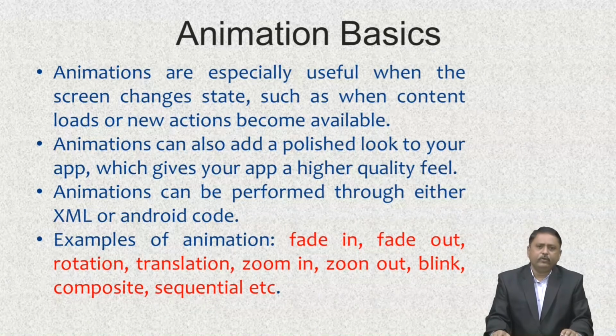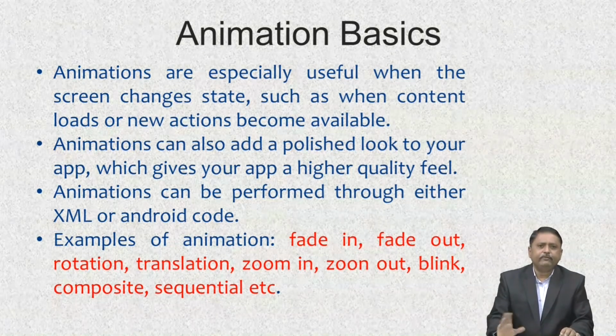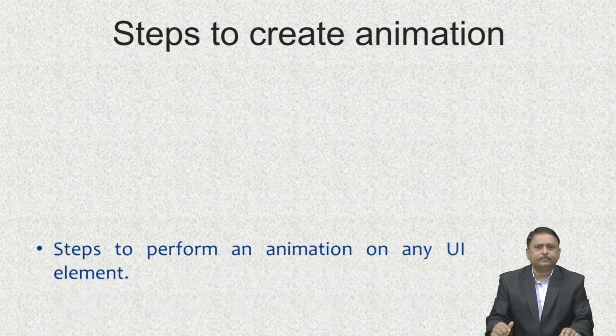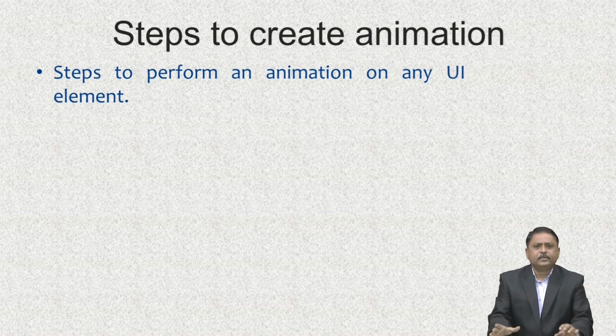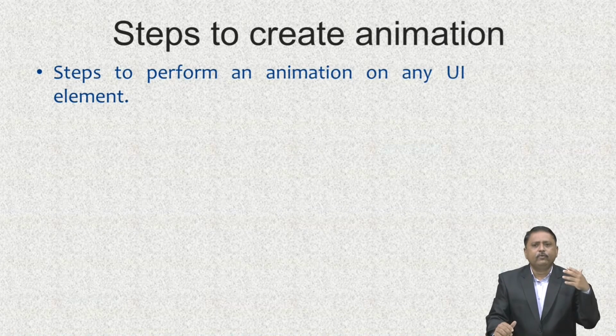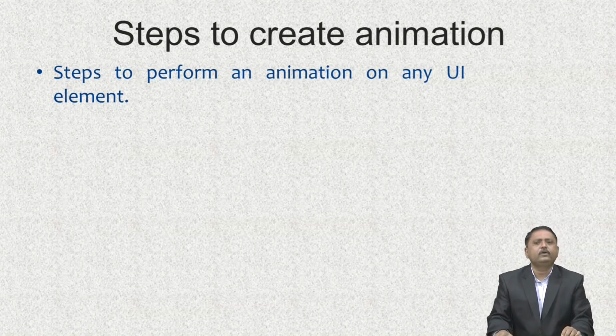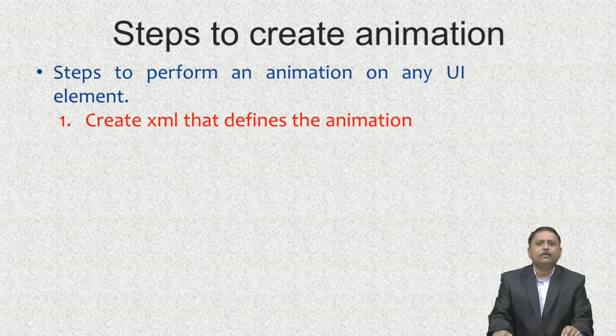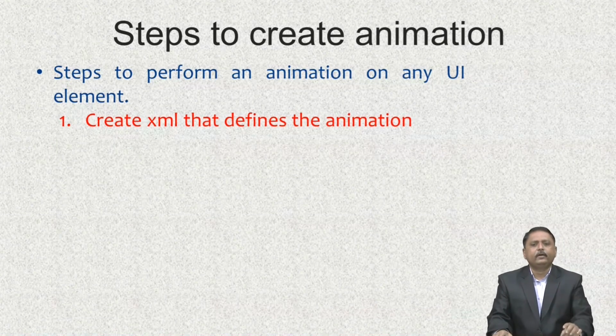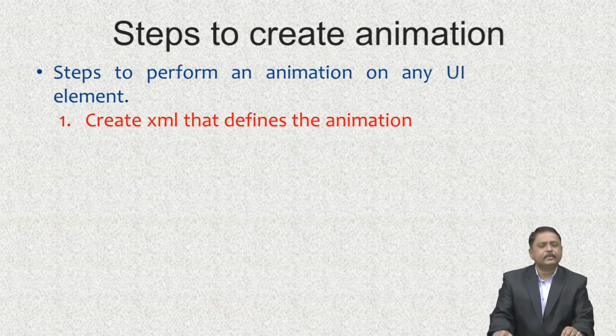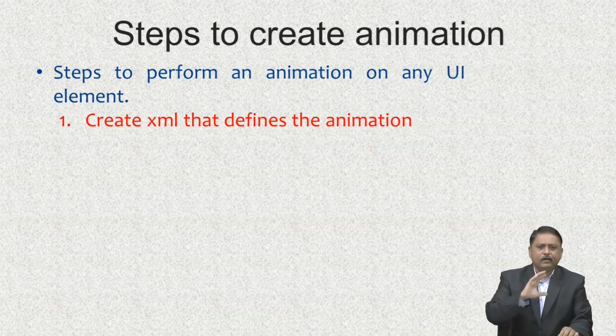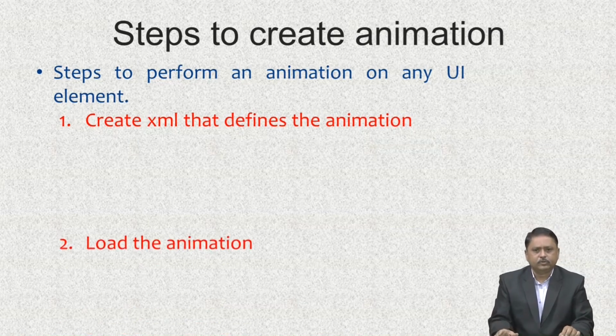So, I hope you understand what animation is, when to use animation, and the different types of animations. Now, let us try to understand the steps to create animation. There are basically 4 tasks or steps to perform an animation on any user interface element. First, you have to create XML that defines the animation. We will see it is very easy to specify animation in an XML resource.